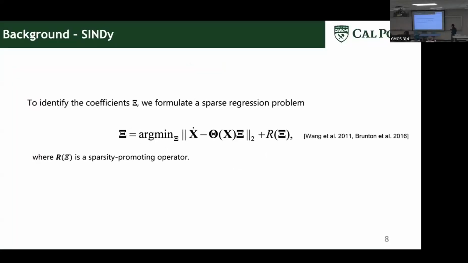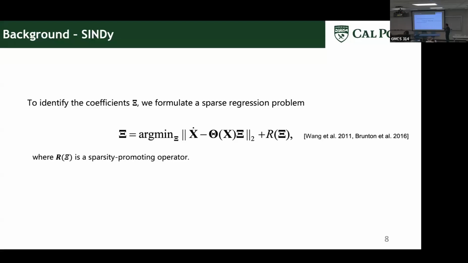And then we can formulate the problem as a sparse regression problem. We have our candidate functions multiplying the coefficient matrix, and we use this to approximate our vector field. Our goal is to find the coefficient matrix which minimizes this error.